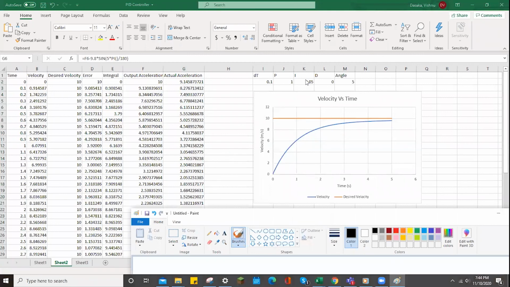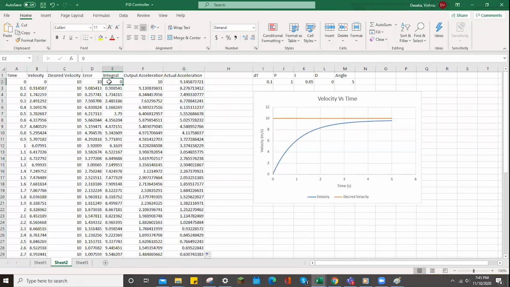And what the I controller does in this case is it accumulates the error in the integral here, which is really just the time times the error.